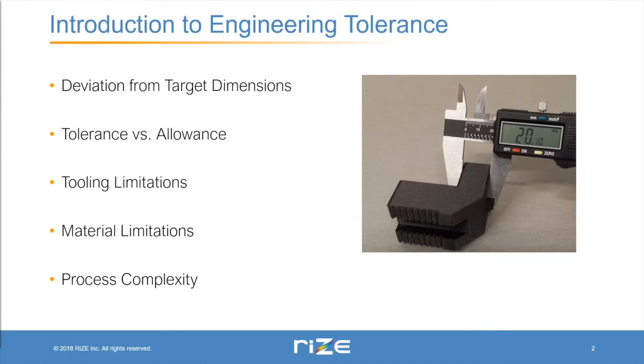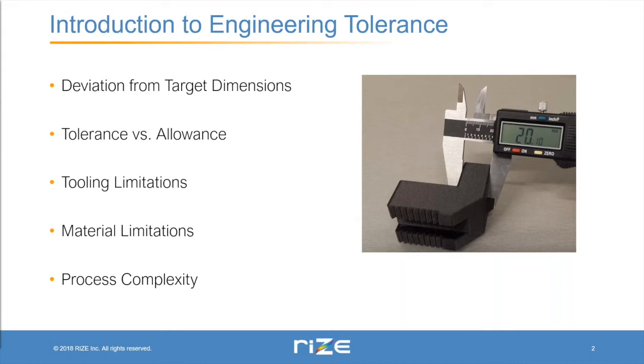Some of the different things that can contribute to engineering tolerance include tooling limitations. This could be the result of having a limited resolution in the types of tools you're using, either to add material or remove material.